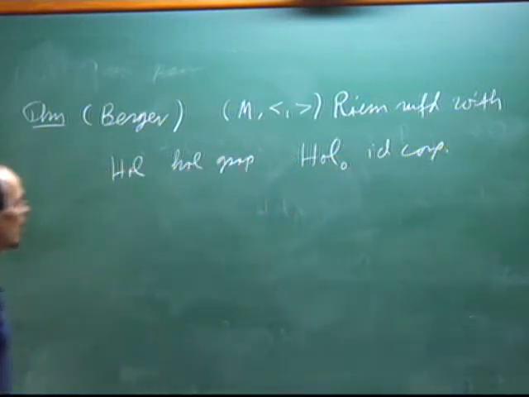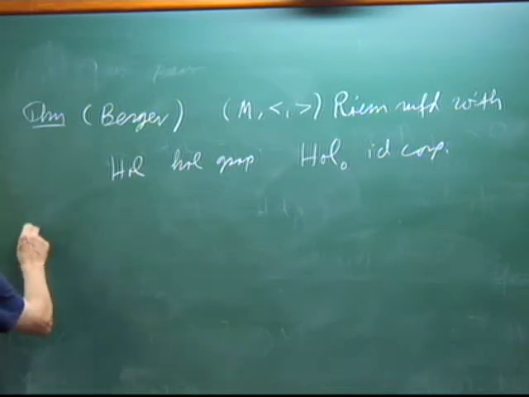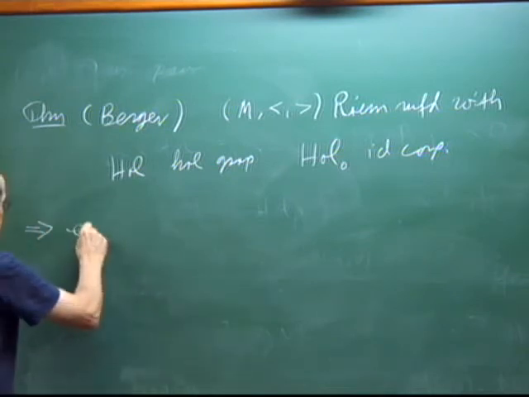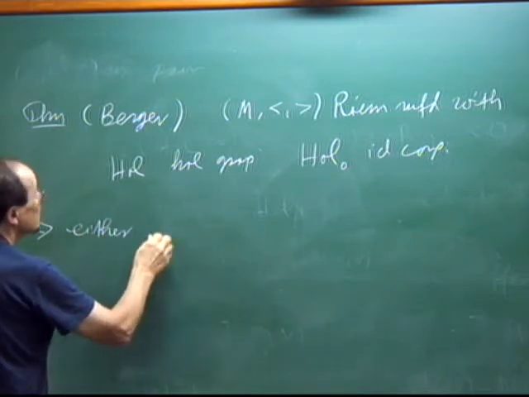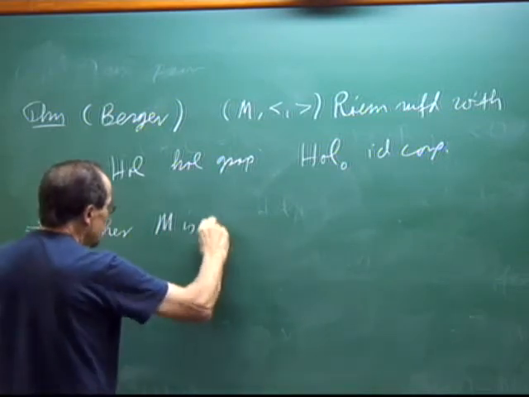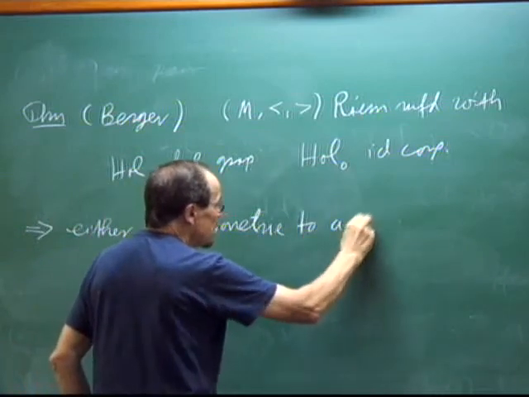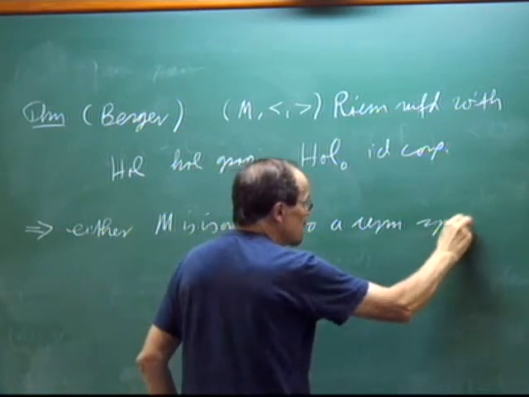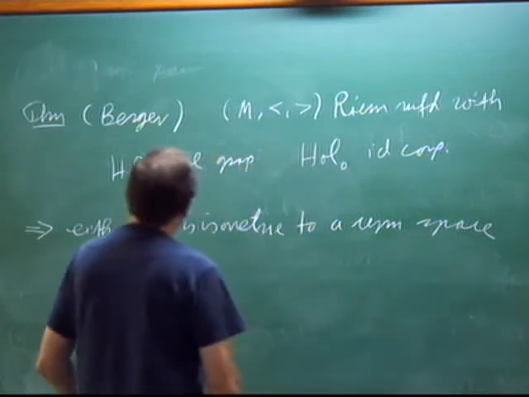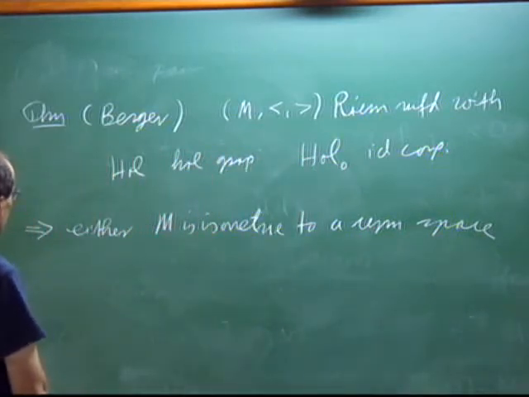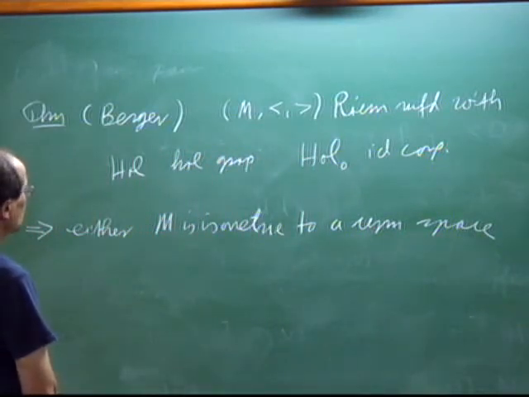I'm dropping the foot point now because we know they're all isomorphic if I take different foot points. And the conclusion is that either M is isometric to a symmetric space. Okay, I should assume irreducible.